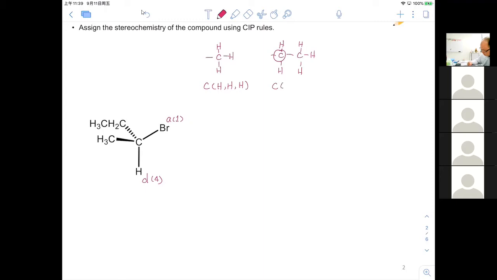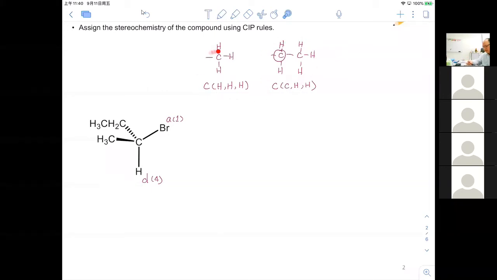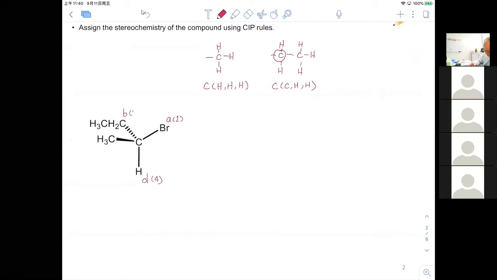The biggest set is C, H, H. That means acyl has a higher priority than methyl, because carbon is bigger than H, right? So bromide is the biggest, then the acyl should be second, which is B, 2. And methyl is third, which is C, 3.